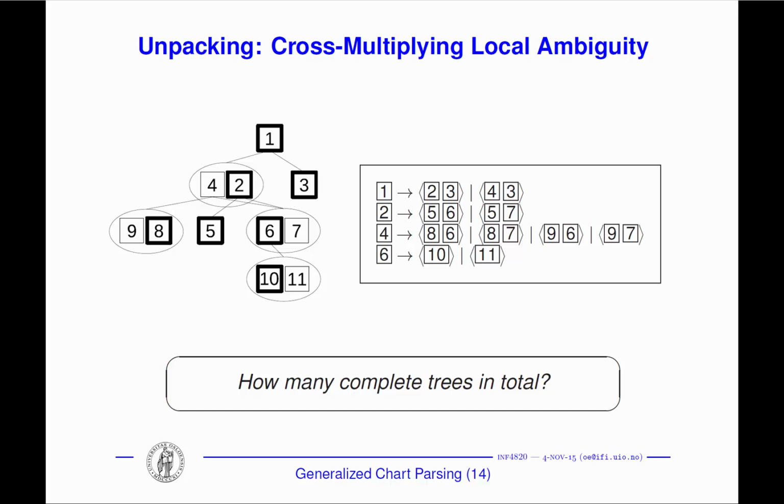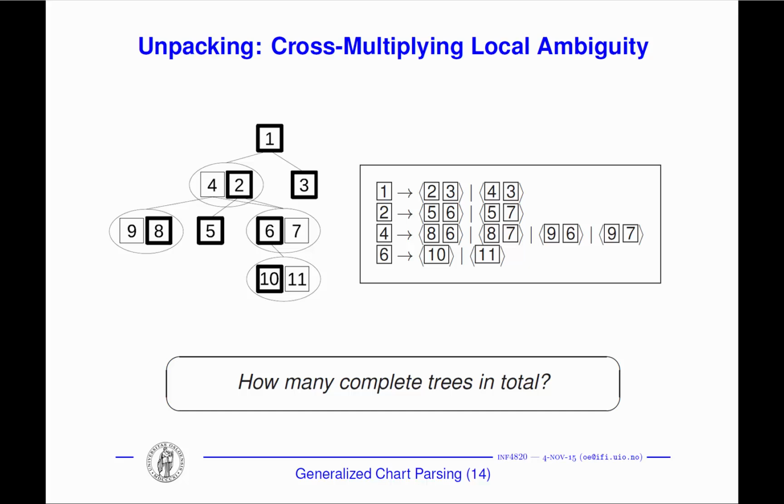I talk so carefully about sets of trees because of course these edges also represent more than one tree. In principle, any edge in the chart can now represent a set of trees, a set of different subtrees. So let's look at 4. 4 can cross-multiply locally into 8 plus 6, or 8 plus 7, or 9 plus 6, or 9 plus 7.